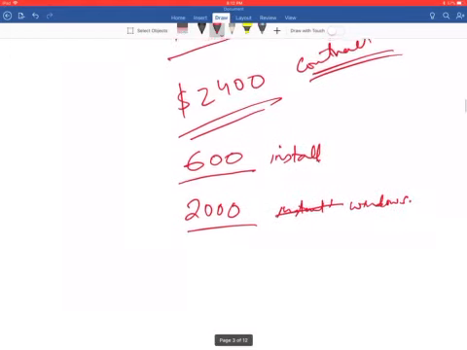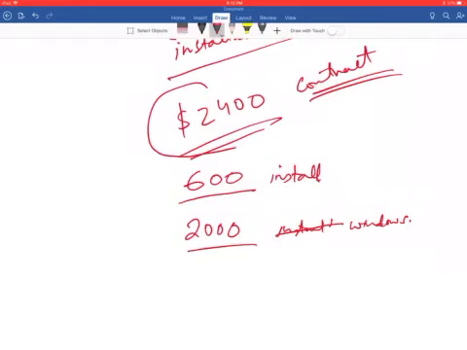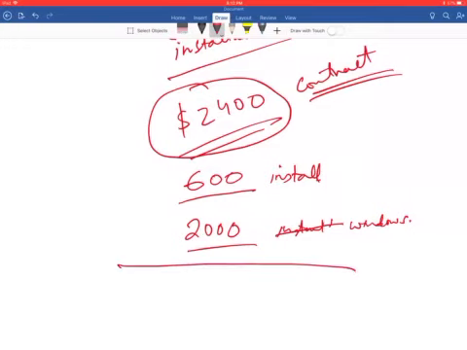Now, in order to allocate, the combined price for these two services is $2,400. This is a kind of bundled price with a sort of sweetener involved. We'll charge you $2,400, we'll give you installation, so that you don't go to other vendors.